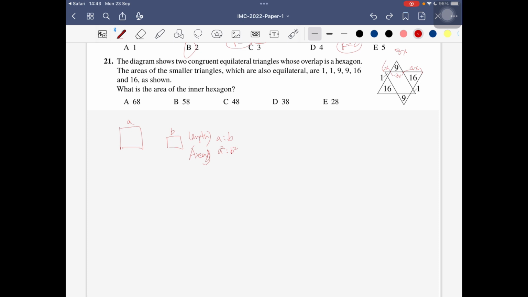So the larger equilateral triangle, 8x, has 64x squared. So here x, 16, 1, 16, 9. Let me continue, like 1, 16.